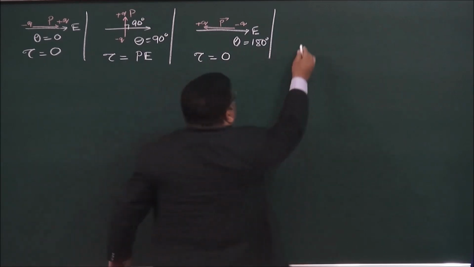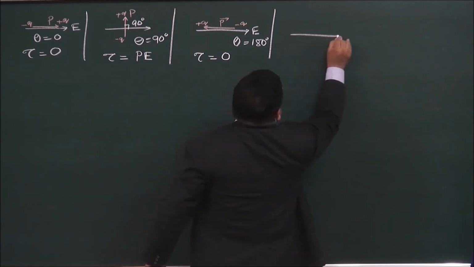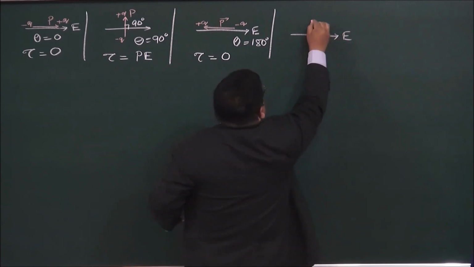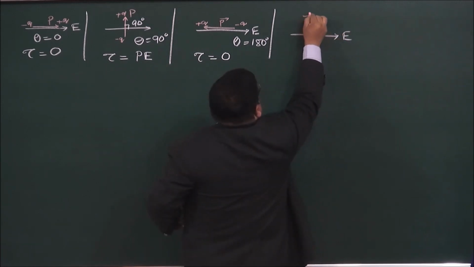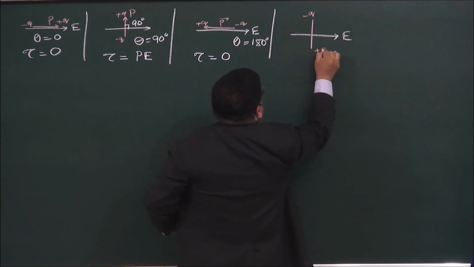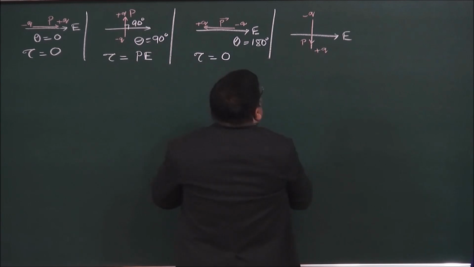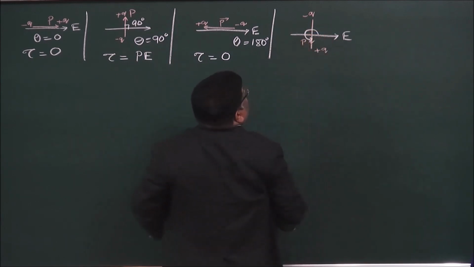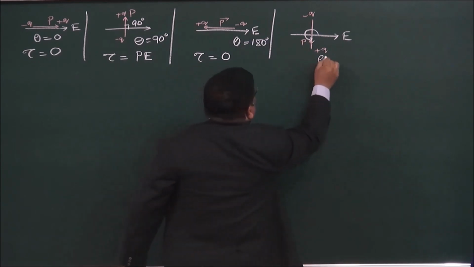And the fourth condition, again E, and there is P. We turn it, now minus q here, plus q here, and this is the direction of P, and how much has it turned?